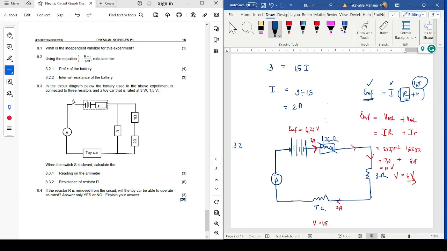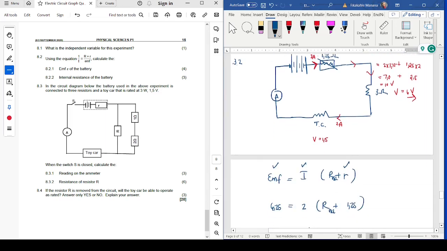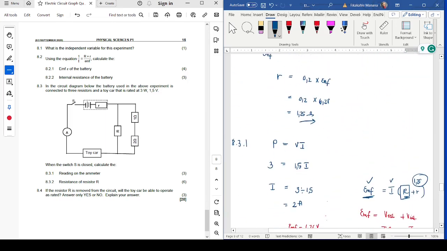And since that is the case, the rating will not be the same anymore, because in order for the EMF to stay constant, if our external resistance has increased, we need to then decrease the current, okay? And if we decrease the current, remember power is equal to V times I. So if we decrease the current, the power rating will then go down as well.